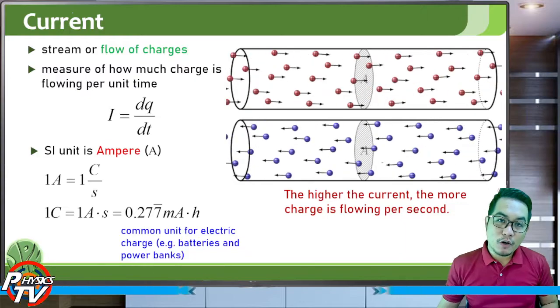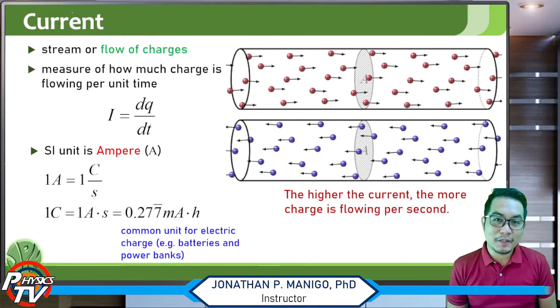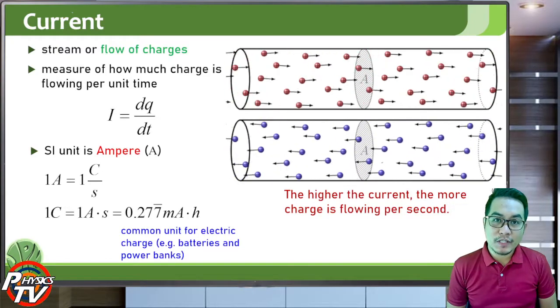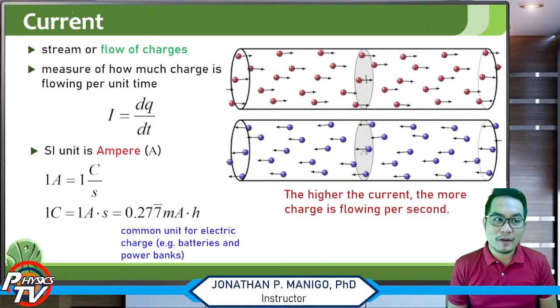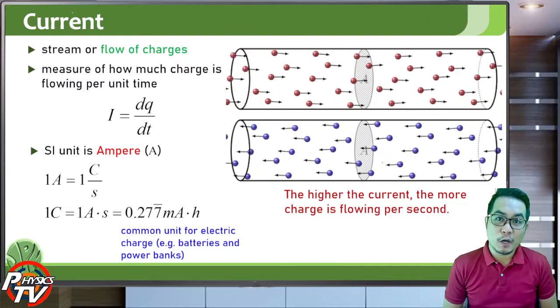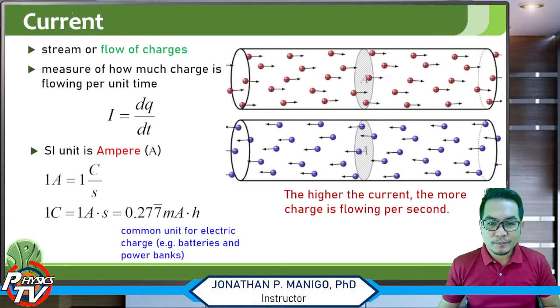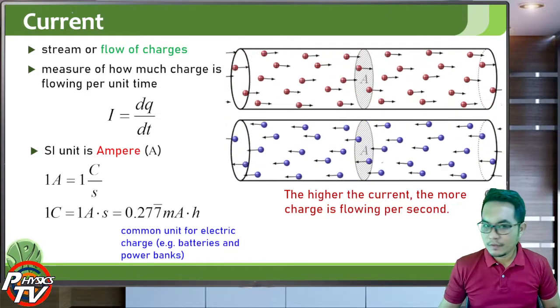So that's actually the common unit for electric charge, the layman unit for electric charge. So that is the common unit for charge that we see in our power banks and batteries. So if you have a 10,000 milliampere hour power bank or 20,000 milliampere hour power bank, you're actually talking about the charge in terms of milliampere hour.